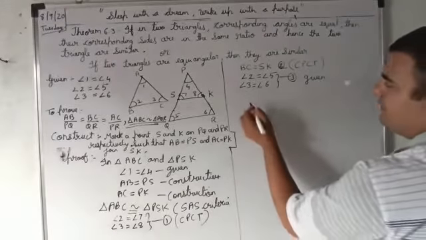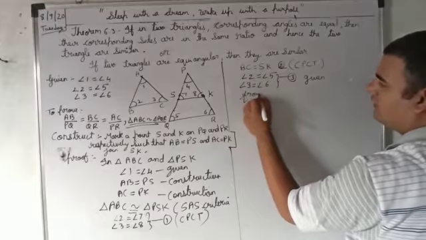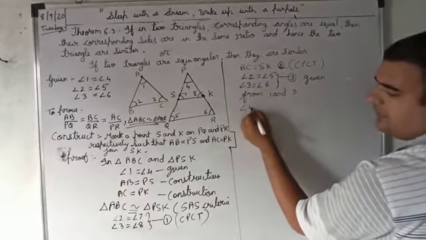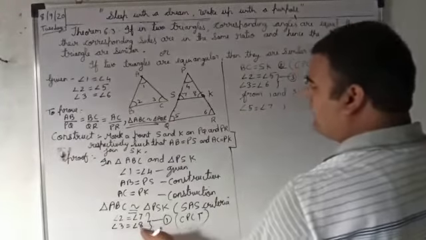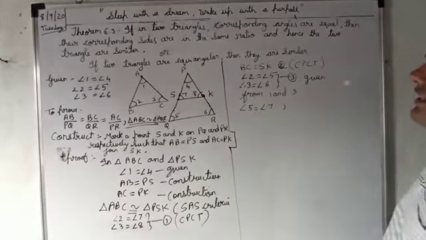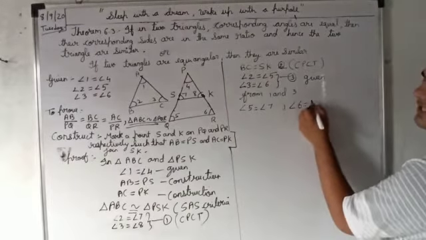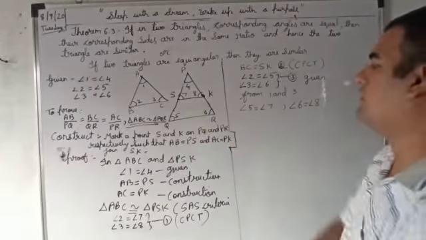Yes. So from 1 and 3 we can say angle 5 equals angle 7, and angle 3 equals angle 8. Things which are equal to the same thing are equal to one another. So angle 6 equals angle 8, right?